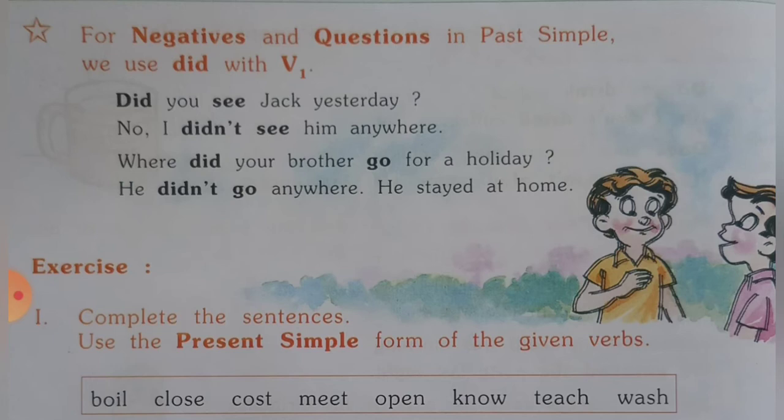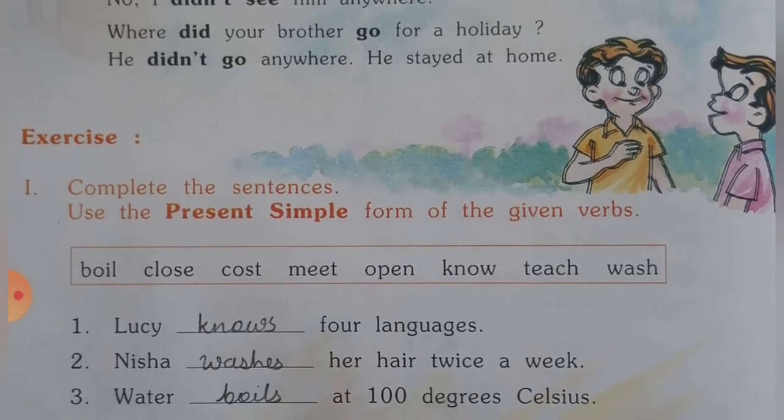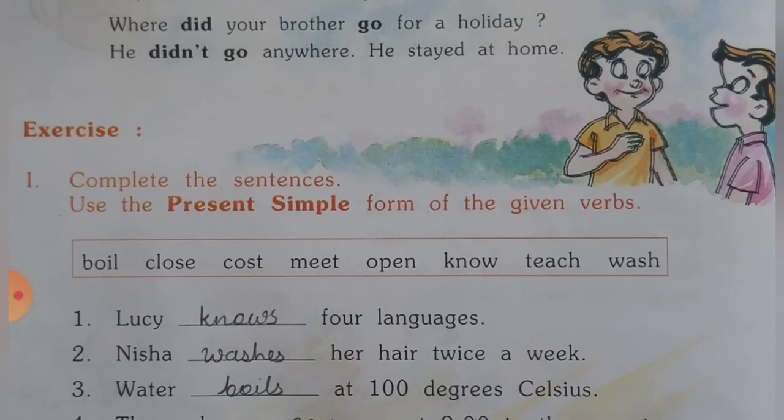Complete the sentences. Use the simple present form of the given verb. First: Lucy dash for languages. Here the verbs are boil, close, cost, meet, open, know, teach, wash.